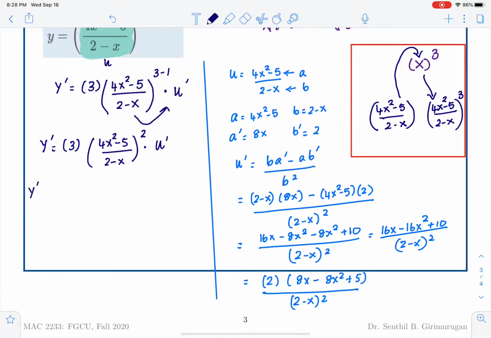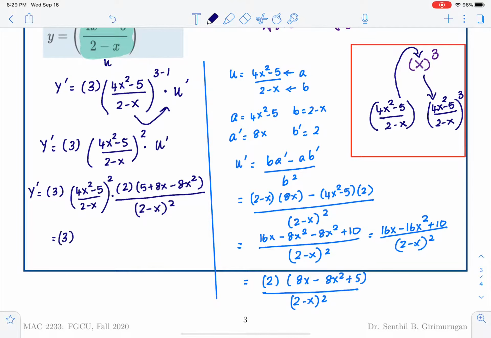So y prime would be equal to 3, 4x squared minus 5 over 2 minus x squared multiplied by 2 times 5 plus 8x minus 8x squared divided by 2 minus x squared.